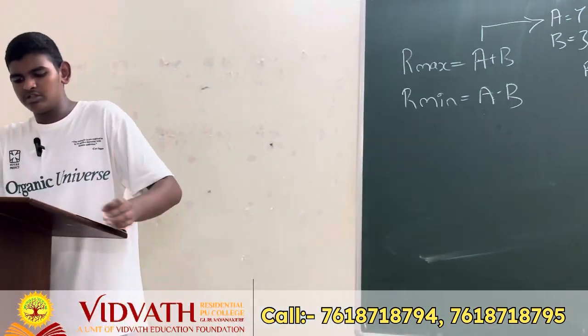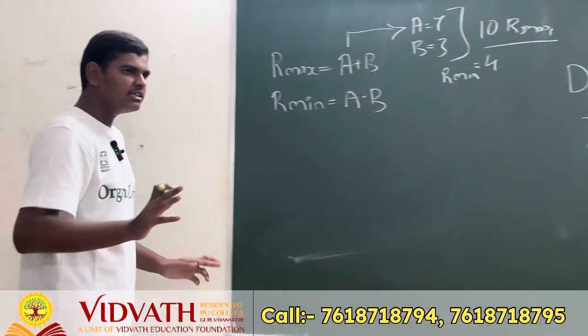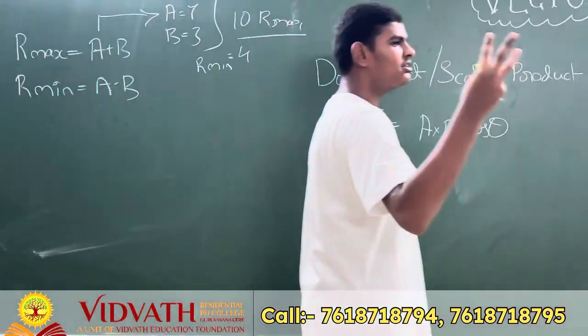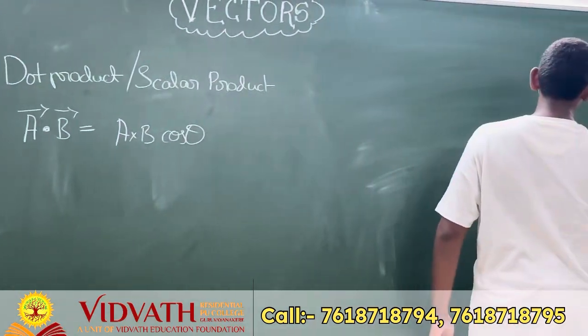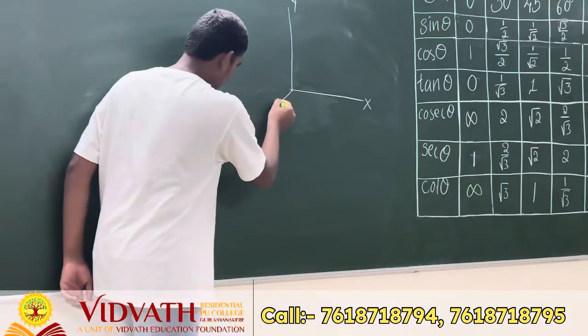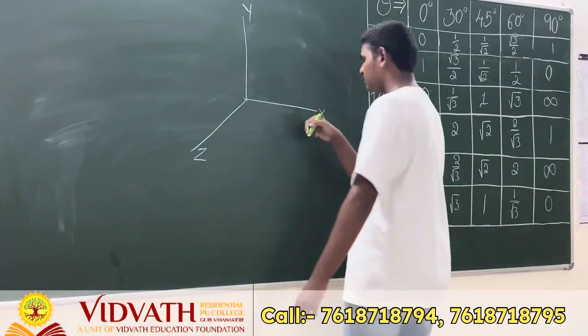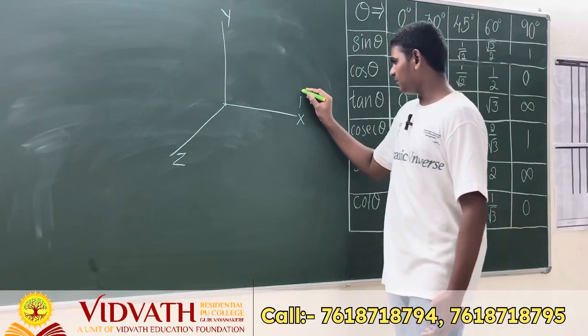So what are the questions that we can have when it comes to dot product? Again, as I've already told you, there exist three axes: x-axis, y-axis, and a third axis named z. What does x represent? i cap, excellent.